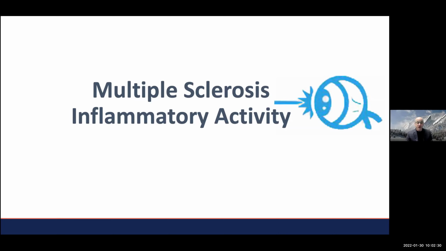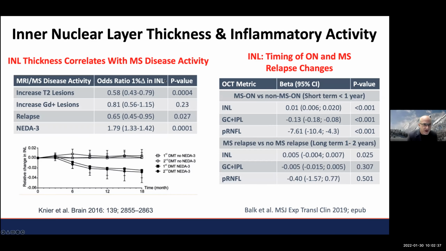Multiple sclerosis, as you also heard, can have inflammatory activity detected by OCT. And Dr. Leocani pointed out that inner nuclear layer thickness correlates with MS disease activity. Back in 2016, the group in Munich noted that there was a correlation between inner nuclear layer thickness and increases in T2 lesions, relapses, and NEDA-3 characterization across a cohort of MS patients.